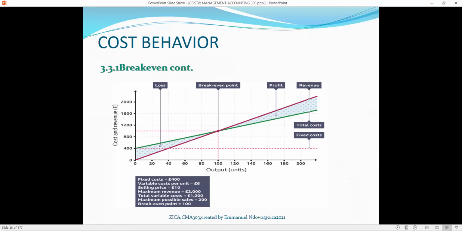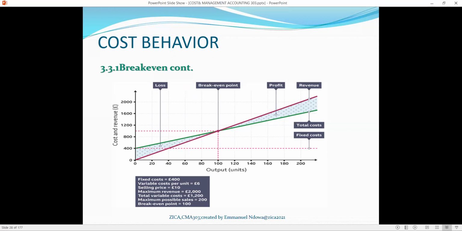You can see that the fixed cost line is running parallel with the x-axis, and the variable cost starts from where the fixed cost starts and goes upwards.